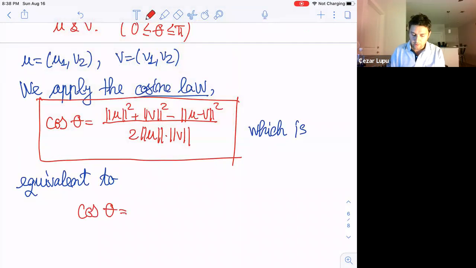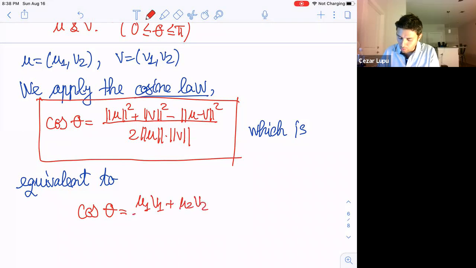Cosine of theta will be nothing else than just u1 v1 plus u2 v2 over the norm of u times the norm of v.